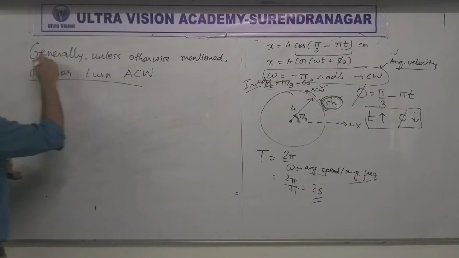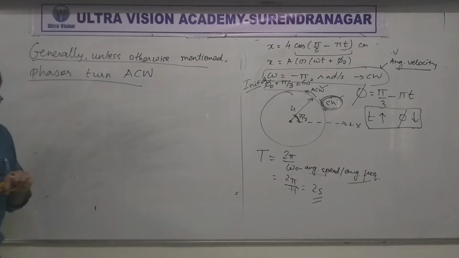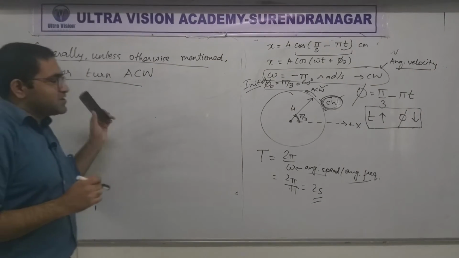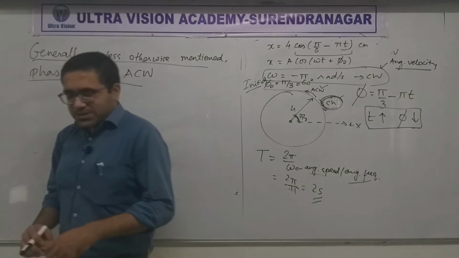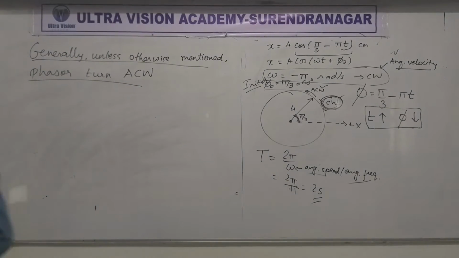Simple idea. Unless otherwise mentioned, the phasors will turn anti-clockwise. Clear? If the question does not specifically say that phasors are turning clockwise, then you don't worry about clockwise at all. We will make them turn anti-clockwise also.